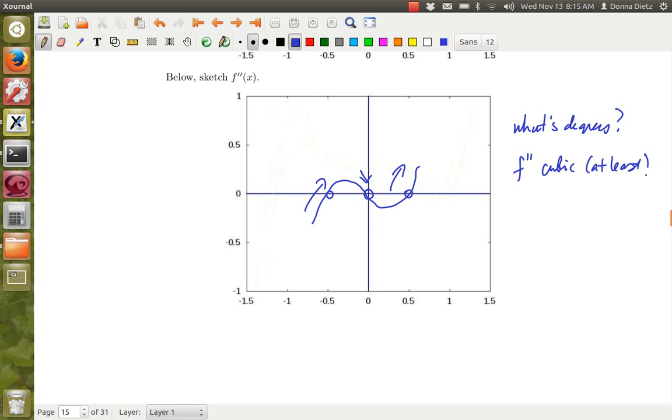But you have to say that this has to be at least a cubic because it has 3 roots, or because it wiggles up, down, up. So there are different ways you could figure that out. So f prime has to be degree 4 or more, and f has to be degree 5 or more. Okay? That's about all you need to know for that.